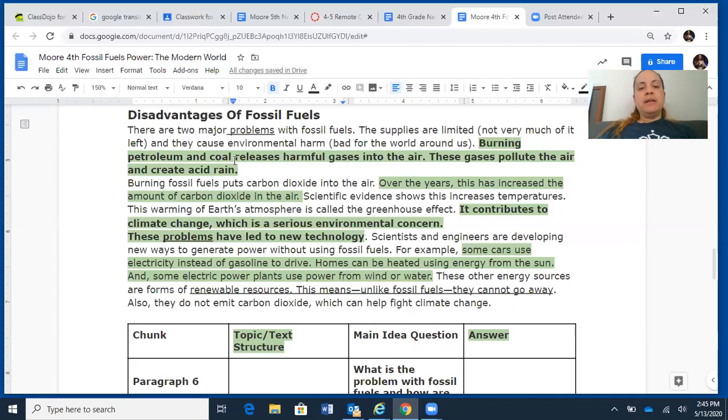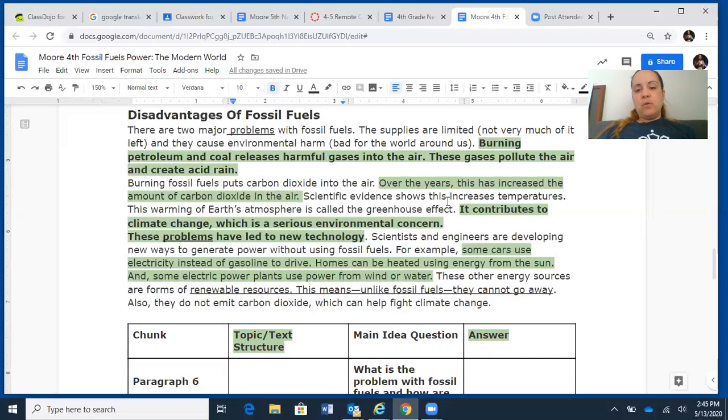Burning petroleum and coal releases harmful gases into the air. These gases pollute the air and create acid rain. Burning fossil fuels puts carbon dioxide into the air. Over the years, this has increased the amount of carbon dioxide in the air.